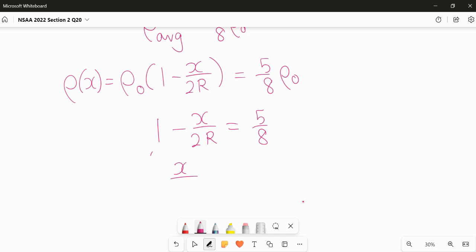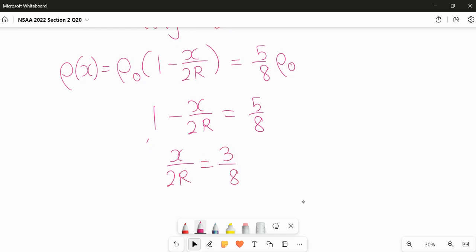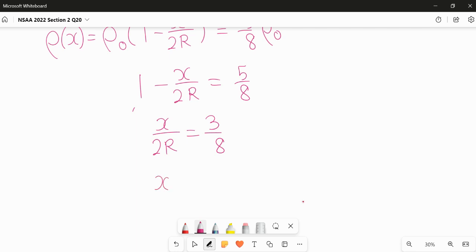So x over 2r equals 3 over 8. So x would equal 3 times 2 over 8 times r, which is 3/4. So 2 over 8 is a quarter times r.